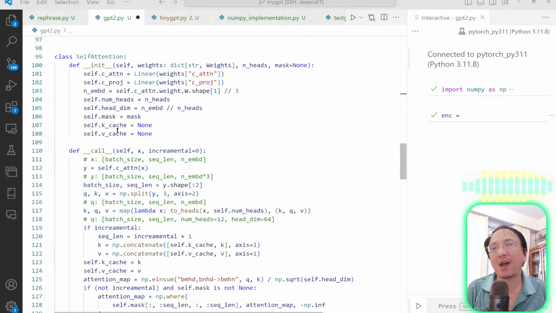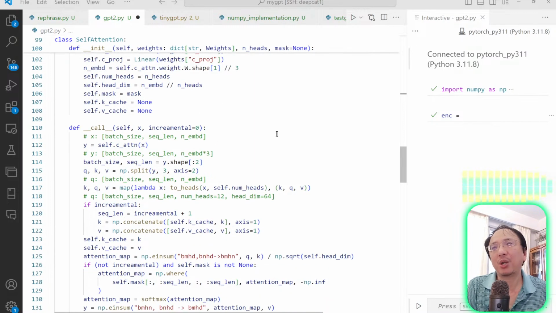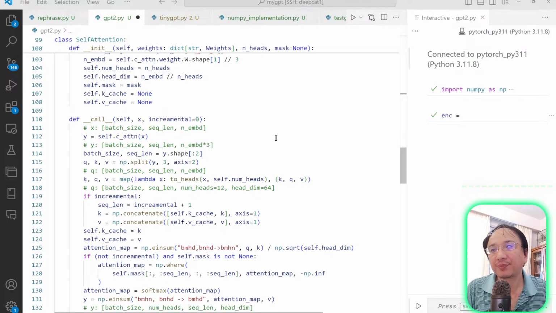To speed up the computation, we also have to cache the K and the V. If you read the implementation of other things, you also get the KV cache. That's pretty much the same thing.